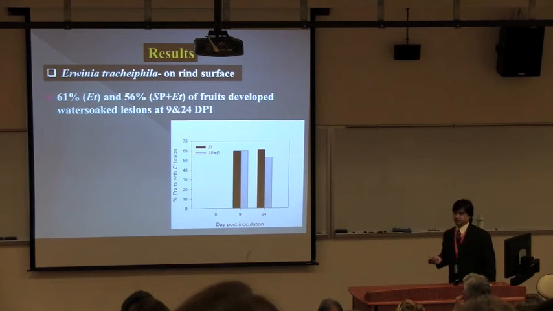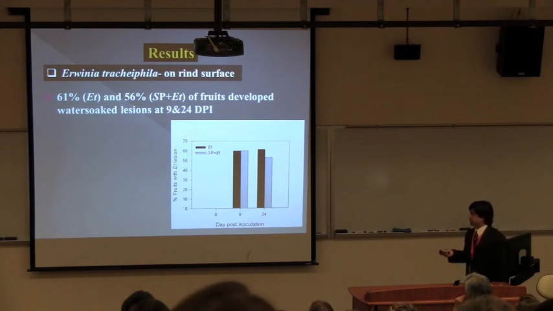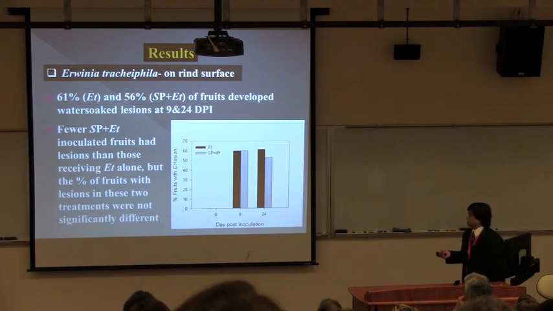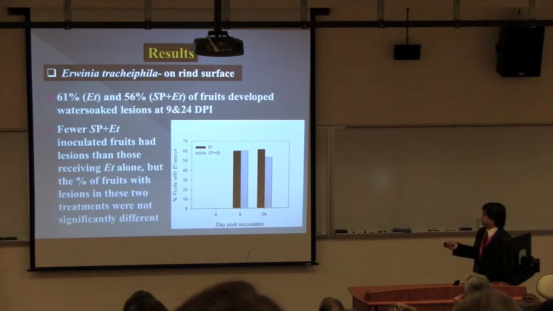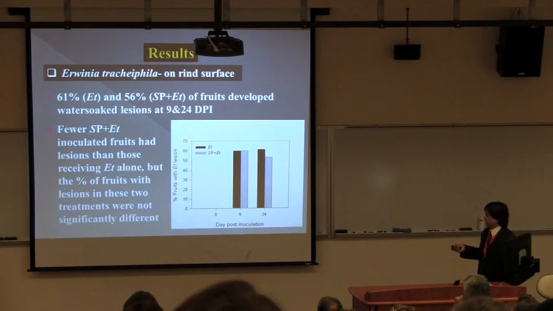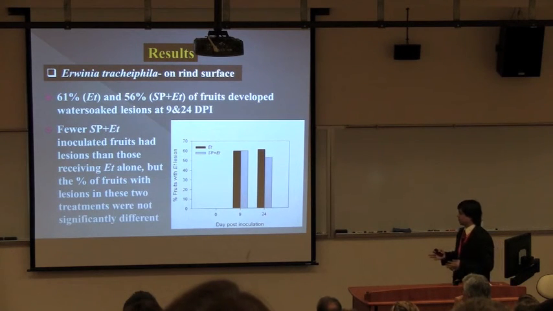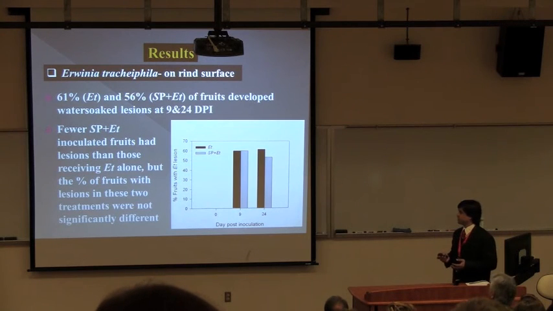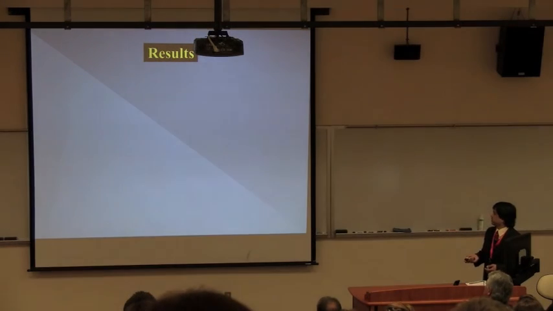This is not statistically significant. So I don't think there is an impact of the human pathogen on the survival of the plant pathogen. There were fewer lesions on the fruits when both of them were inoculated, but it was not significant.